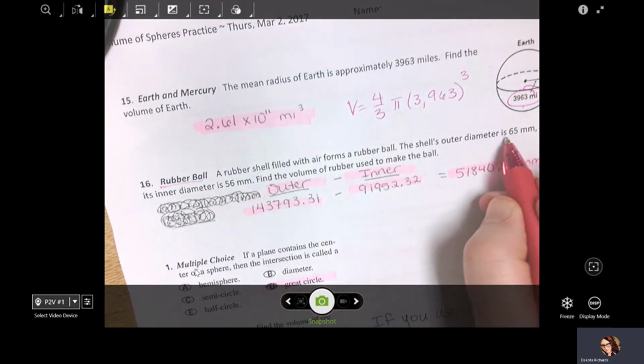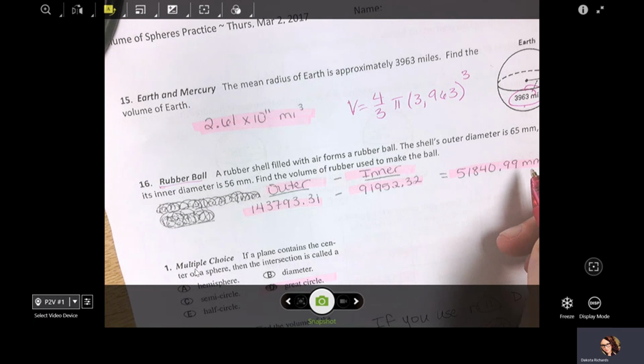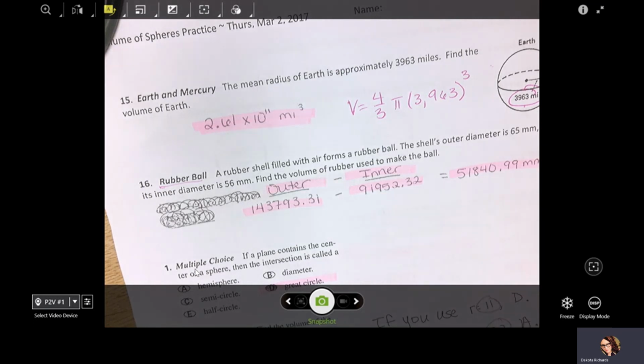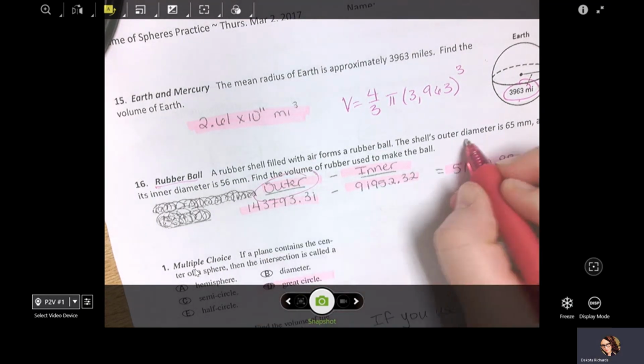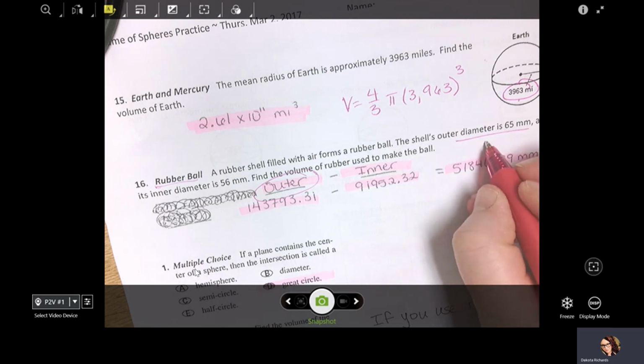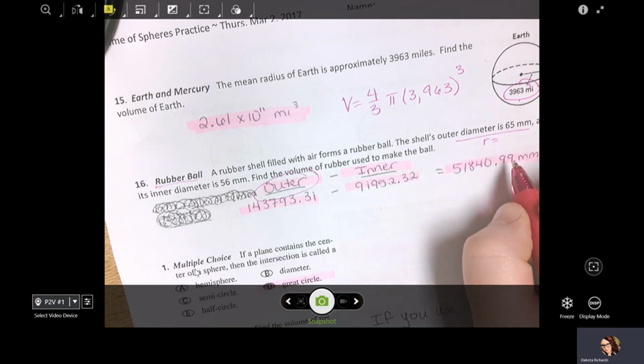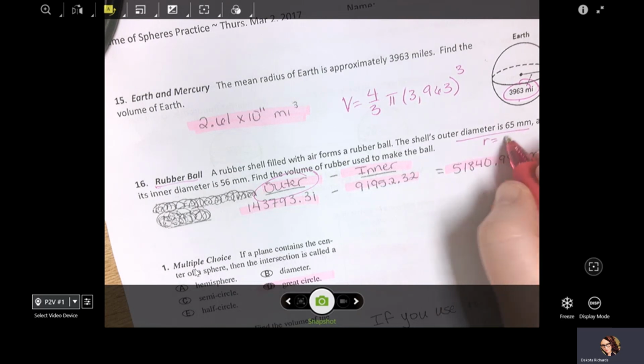The shell's outer diameter is 65 millimeters and its inner diameter is 56, basically a sphere within another sphere. And you have to get the volume of each, subtract them, and that's going to give you that space in between. So the outer one, the diameter is 65. So what would the radius be? What's half of 65?